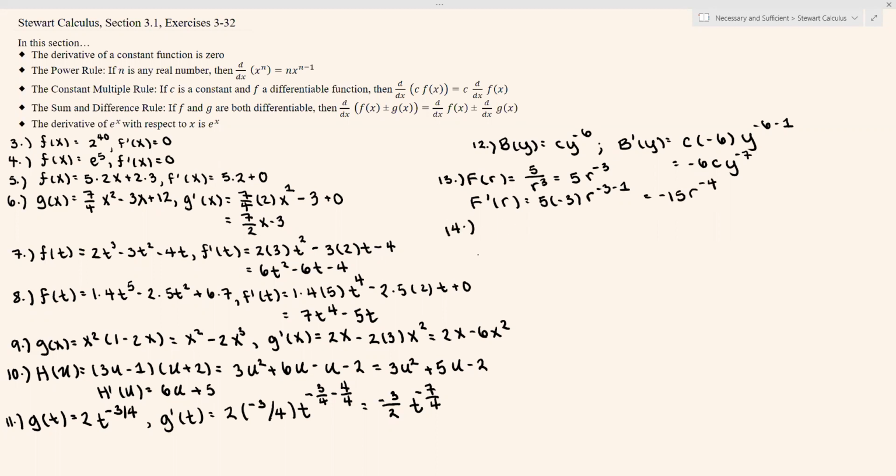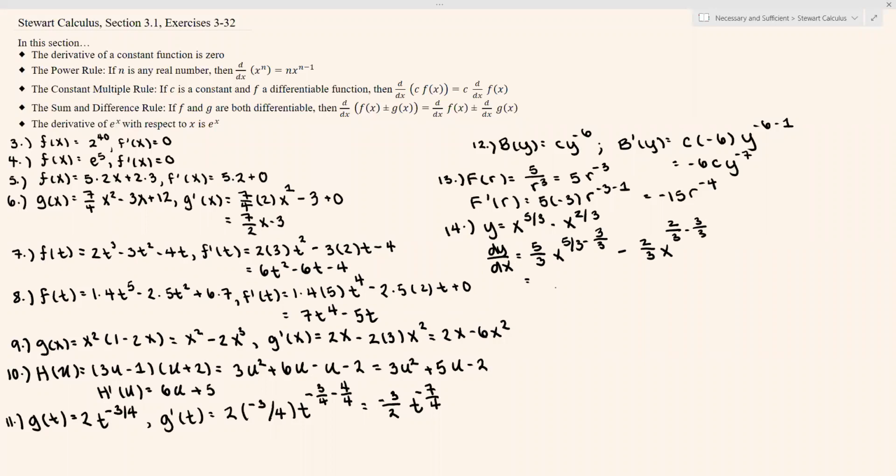Let's try problem 14. Problem 14 is asking us to find the derivative of y equal to x to the power 5 over 3 minus x to the power 2 over 3. So we take dy dx, and this is equal to 5/3 x to the power 5 over 3 minus 1, I'm going to write it as 3 over 3, minus 2/3 x to the power 2 over 3 minus 3 over 3.